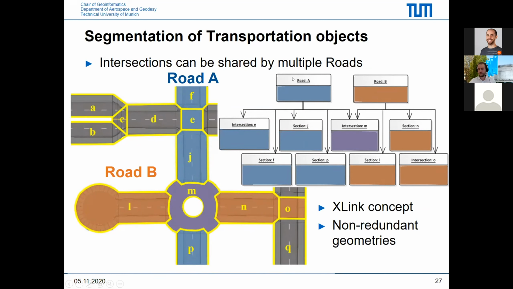So in this case, there exists the object road A and the object road B, and both are linked to intersection M, as it's called in this example. So the intersection is represented geometrically only once, but both objects have a link to it and reference it. This way, this shared object doesn't have to be represented multiple times, but can be represented in a non-redundant way.